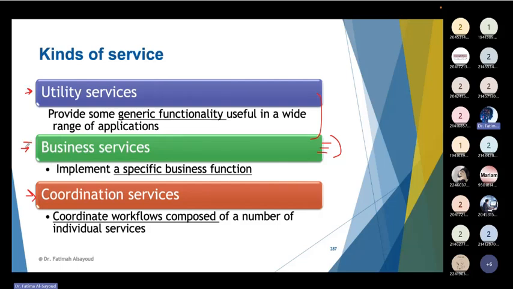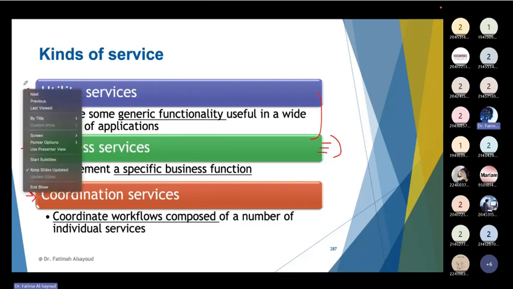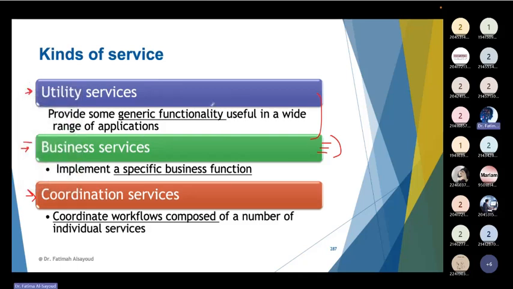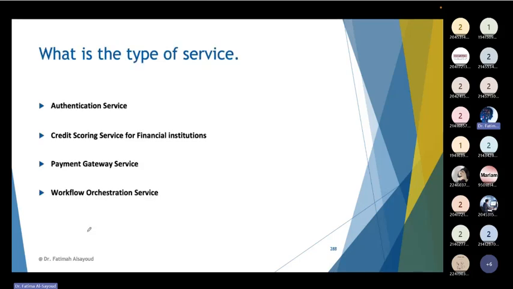If I have another website I can still use the same utility, لأن هي أساساً general functionality, فهي counts as a utility. Coordination is anything that makes them work together. We will see an example of them as we go. راح ناخذ بعض الأمثلة, a new example and an example from the slides.